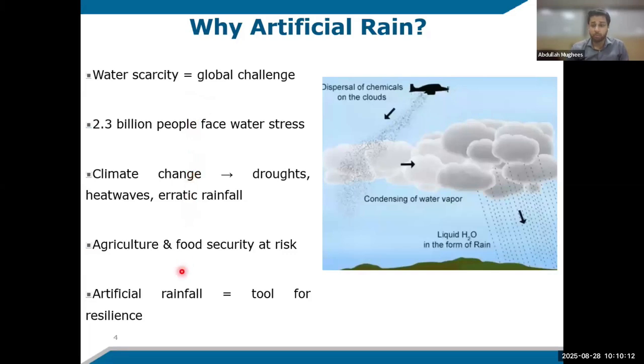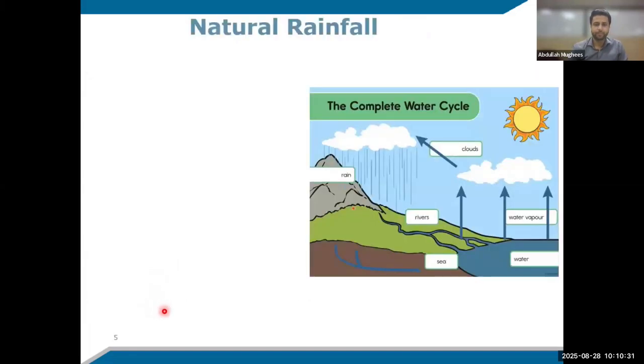And in those parts, we have a risk for agriculture and food security because if there is no rainfall, there's no water, there's no crops, no food, and people find it difficult to live there, right? So, artificial rainfall is a tool for resilience.